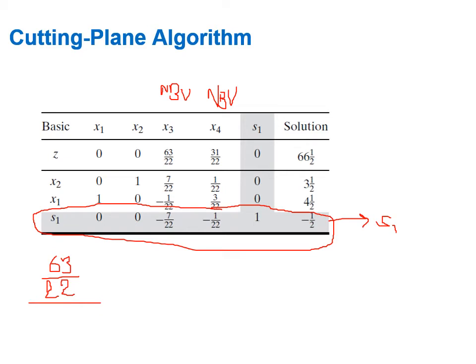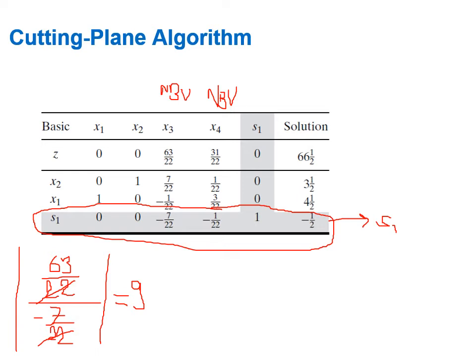This will be divided by the coefficient in the pivot row, which is -7/22. But we should take the absolute value of this one, and when you do, these 22's cancel out, and 63 divided by 7 makes 9. So this is the ratio for x3.